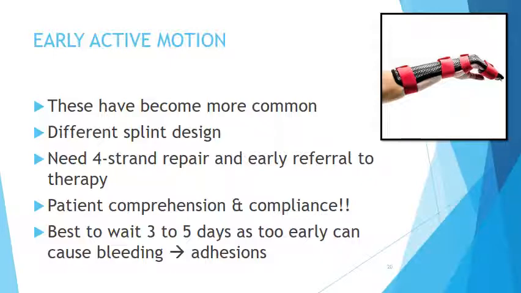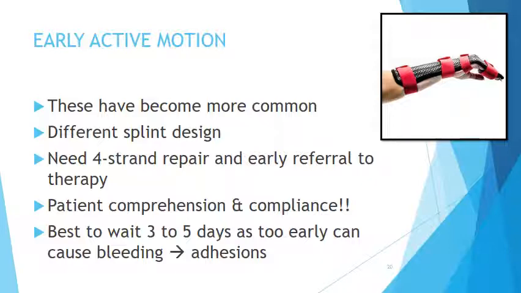Your patient must be compliant and understand exactly what is expected of them. It's also very demanding for them. They have to be motivated so that they can do their exercises every hour, every waking hour.